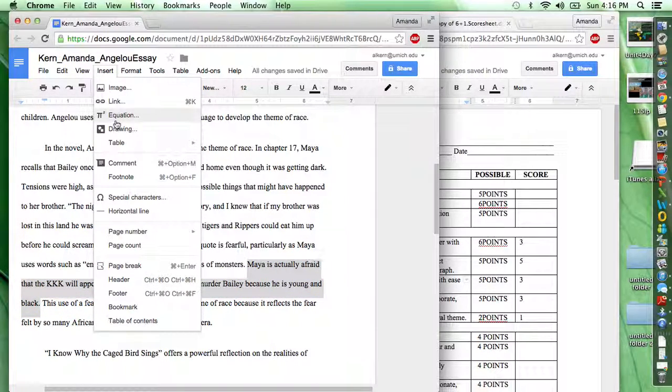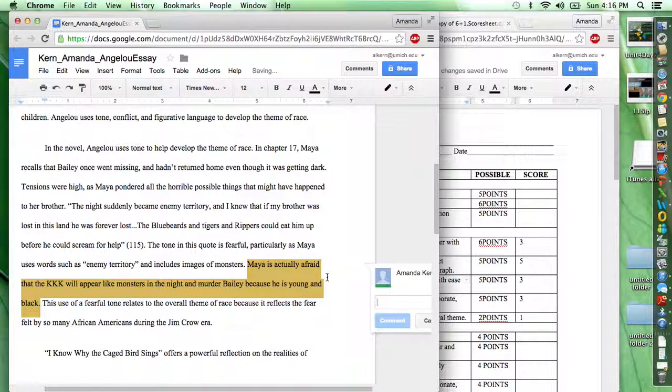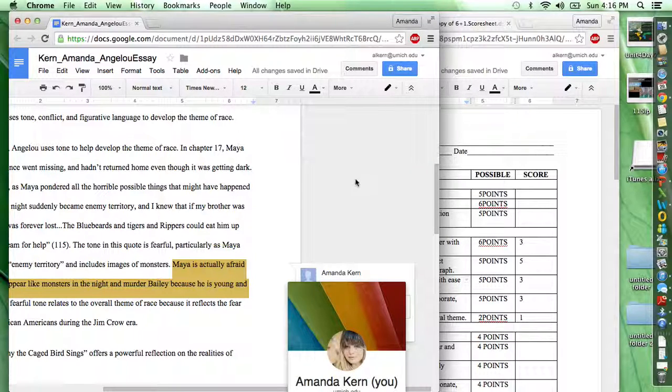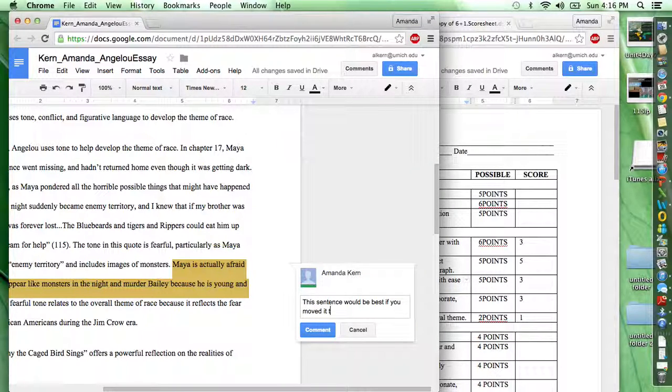And in my comment, I'm going to say something like, this sentence would be best if you moved it before you insert your evidence. And now I'm going to say why. It serves as great background information. And I'm going to press comment.